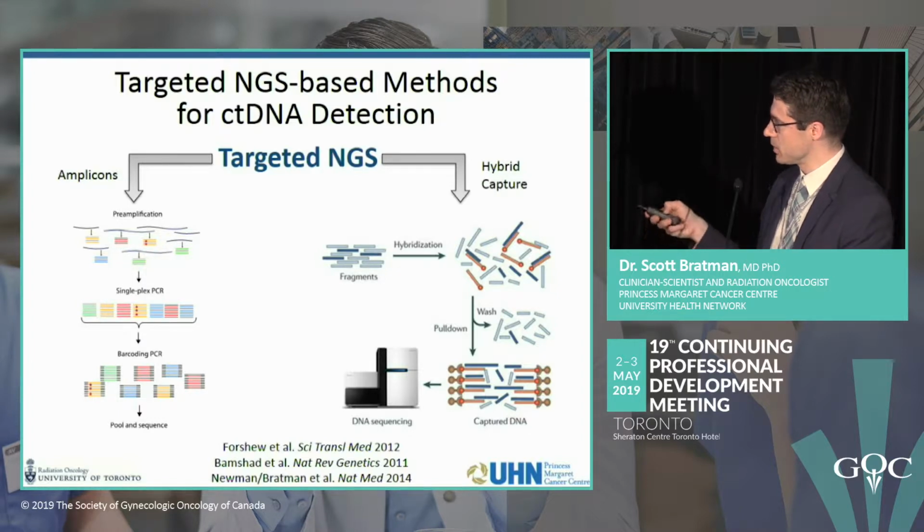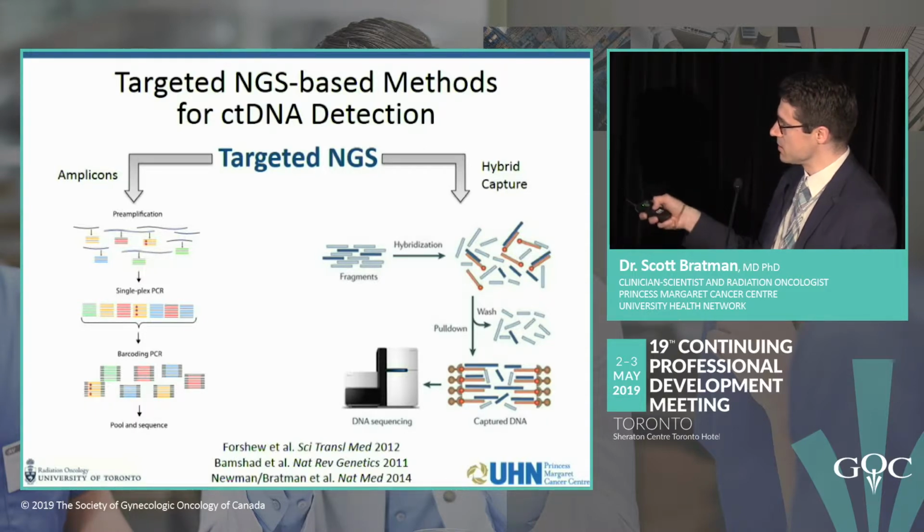The two basic ways this can be achieved are first by performing PCR and then sequencing these different amplicons in a pooled reaction, or by what's called hybrid capture sequencing, where biotinylated probes are used to adhere to or anneal to regions of interest, and those are pulled down and then sequenced.